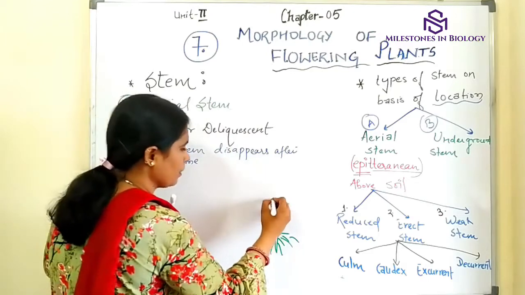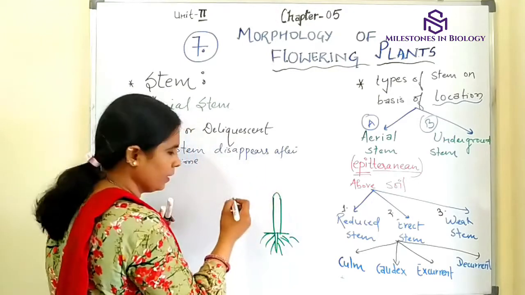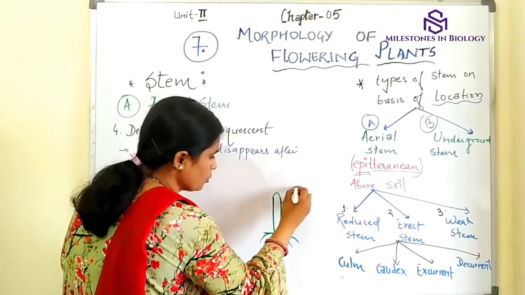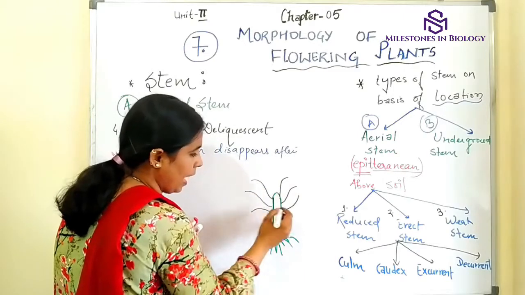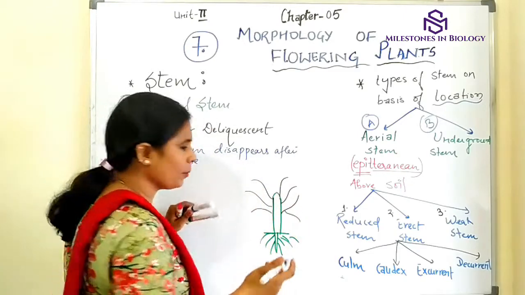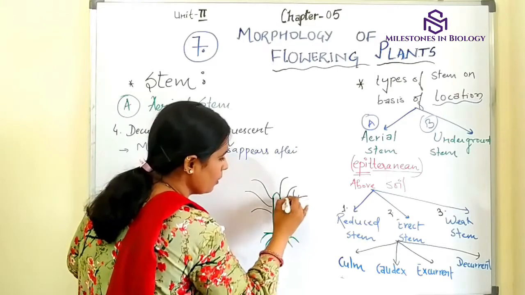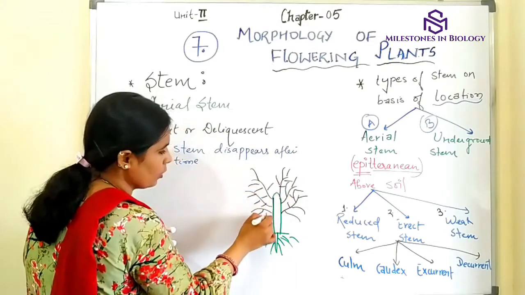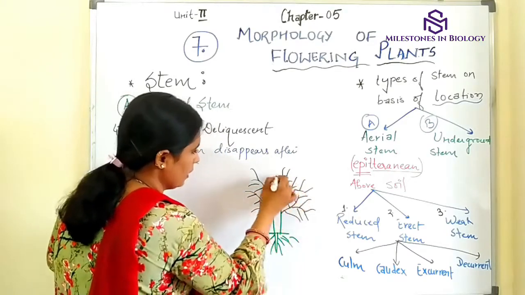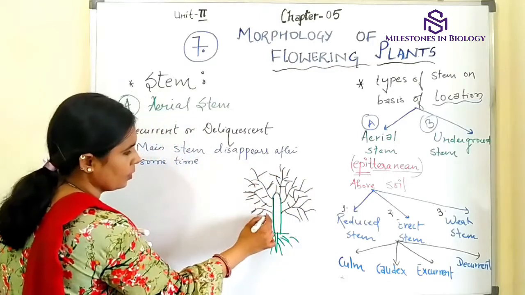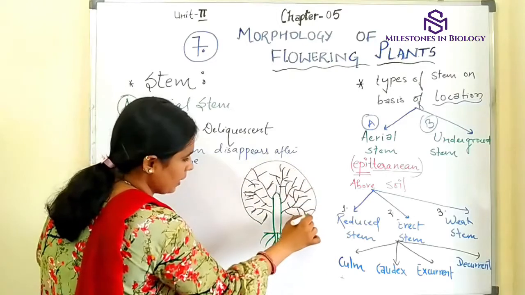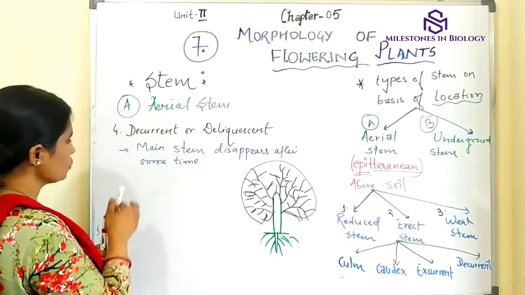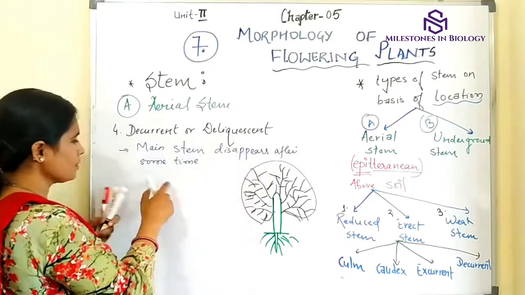After some time, the main stem will stop growing and the lateral branches will start dominating. By growing more and more orders of branches, this gives a dome-shaped appearance to the plant or tree.